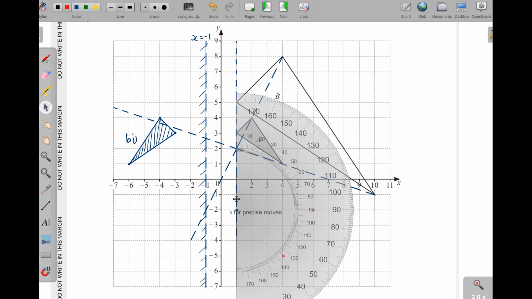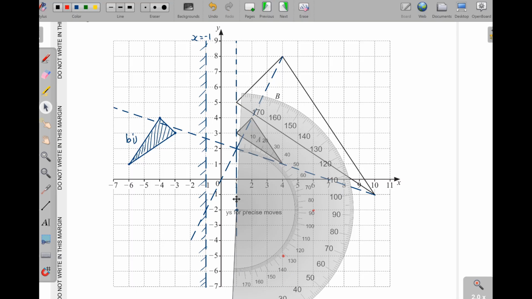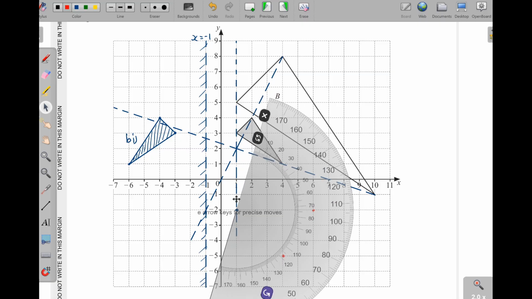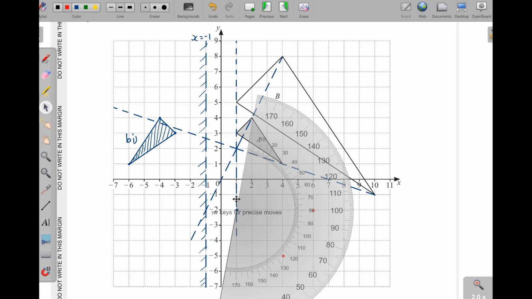Then next we rotate this one. It is supposed to come to this other one here. That one there. This one is actually a diagonal. If you can see, it is just a diagonal through how many boxes? 1, 2, 3, 4, 5, 6.